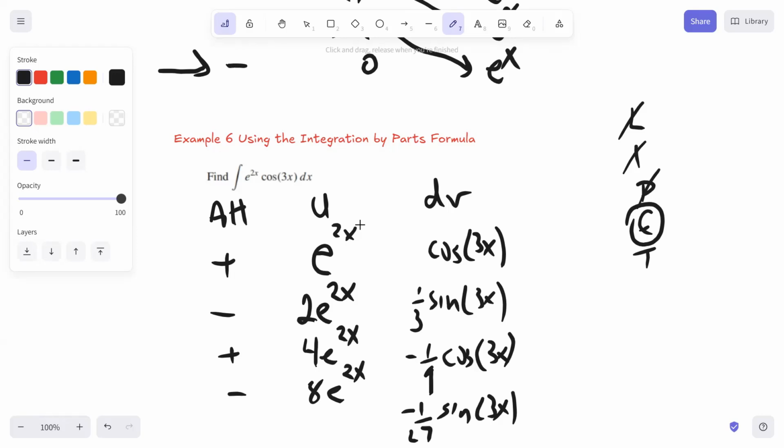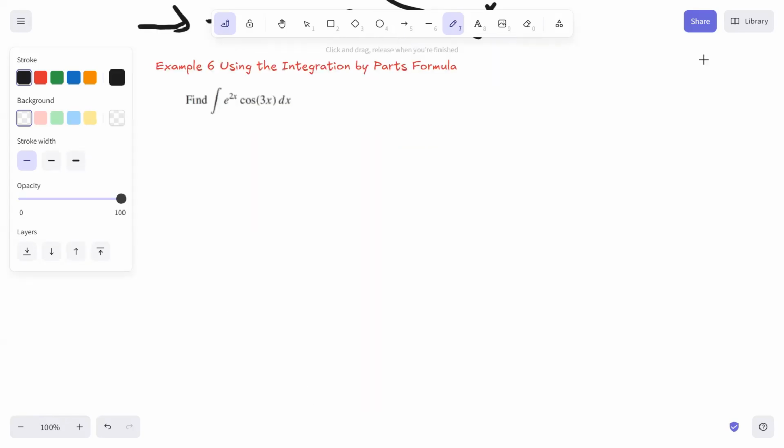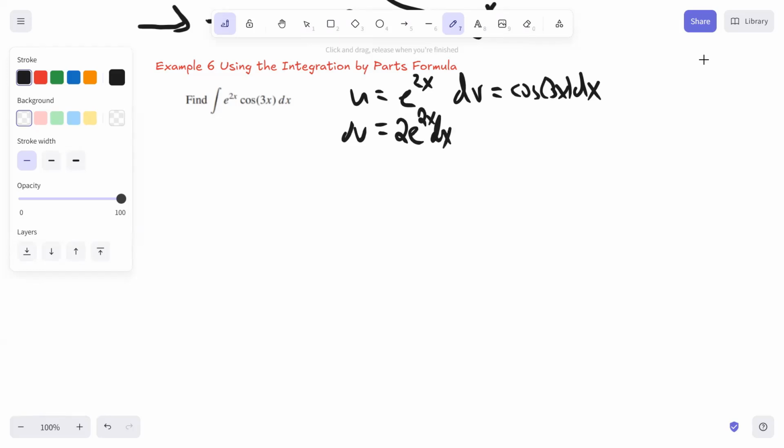So I want to show you what happens in this situation where you kind of have an integration by parts problem, but when you start doing it, it's like it never ends. So again, we're going to follow the same LIATE and let u equal e to the 2x. So the derivative is 2e to the 2x dx, and v would be 1/3 cosine, or excuse me, sine of 3x.